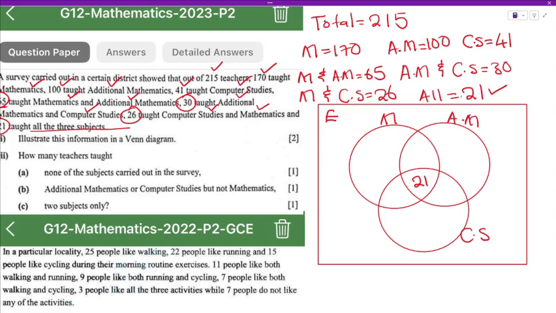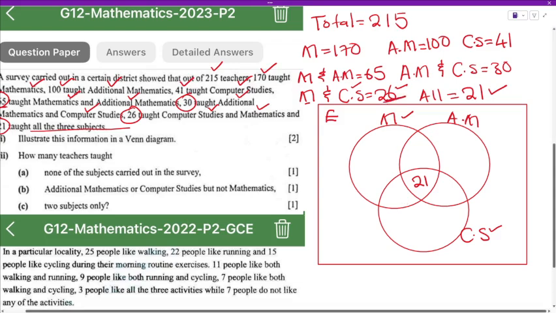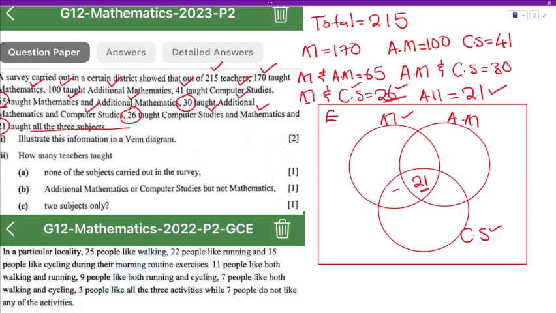So we can check mark that one. This one is for math and computer studies. It is supposed to be 26. This is a set for math, this is a set for computer studies. Therefore this region is the one for math and computer studies. The total should be 26, but we already have a 21. So we're going to say 26 minus 21, giving us a 5 there. We are done.